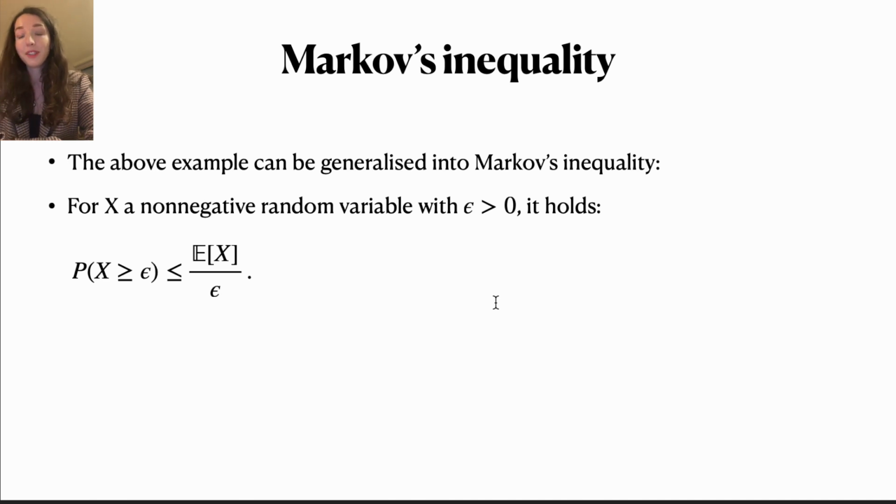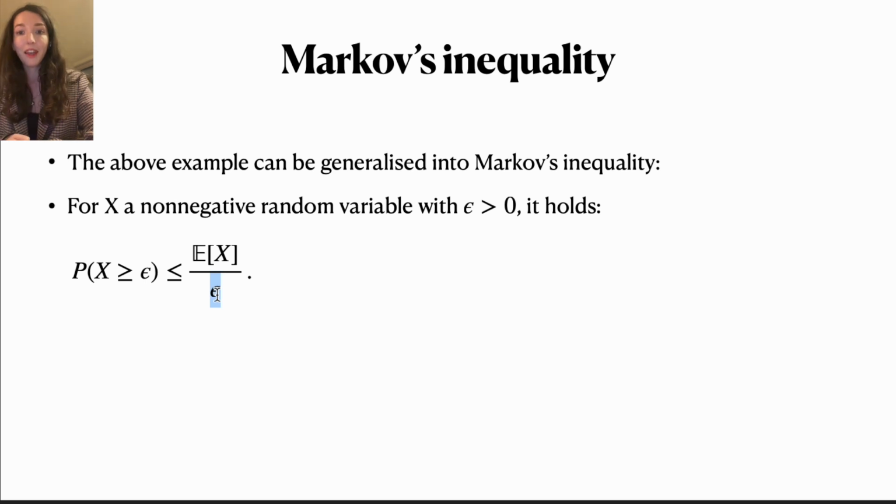So Markov's inequality states the following: suppose we have some non-negative random variable x. It's important that it's non-negative, because if we can go negative, we cannot use this bound. But if x is a non-negative variable, and if we set some epsilon greater than 0, then we can say that the probability that x exceeds epsilon is bounded by the expected value of x divided by epsilon.